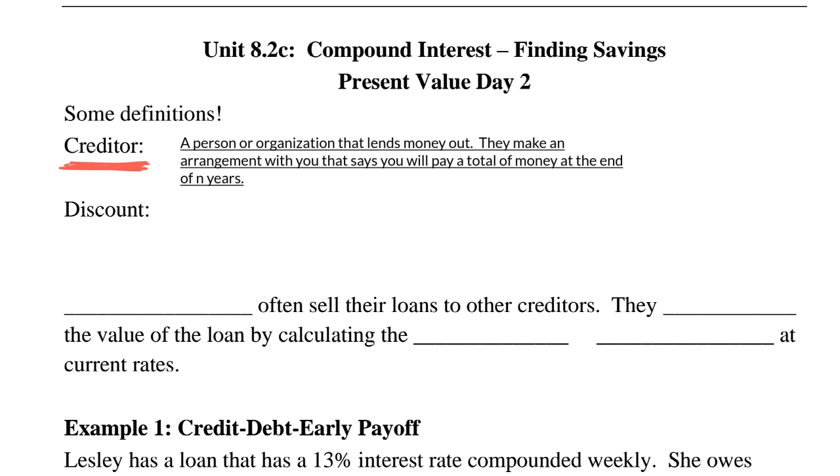Now, these people are a person or organization that lends money out to other people, right? So they make an arrangement with you that says you're going to pay a total amount of money at the end of a certain amount of time, maybe n years, maybe 6 months, whatever, right? So maybe you say that by the end of 3 years, you're going to pay me back $9,600, right?